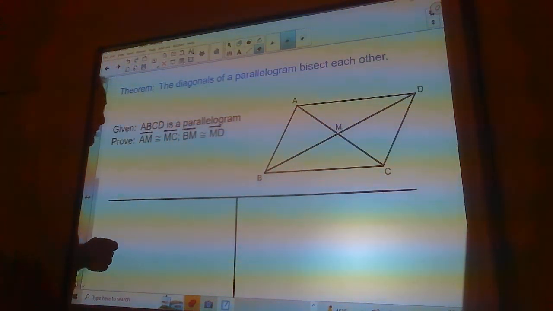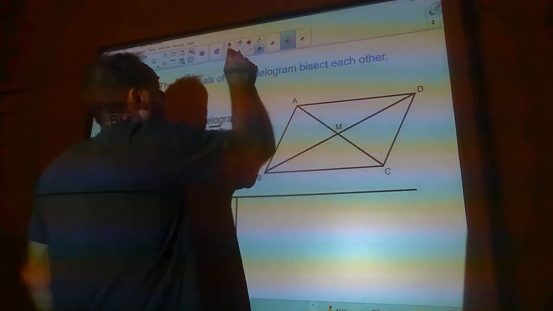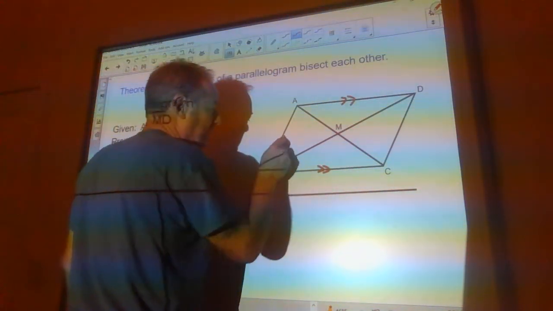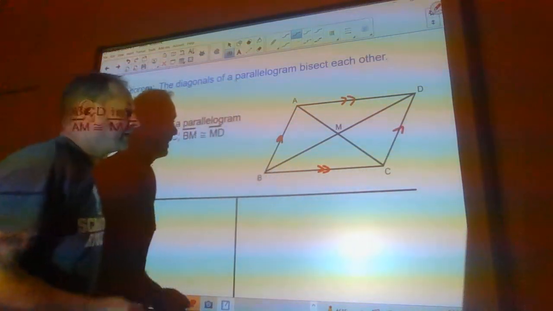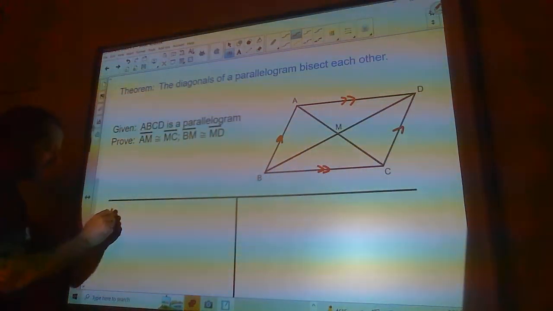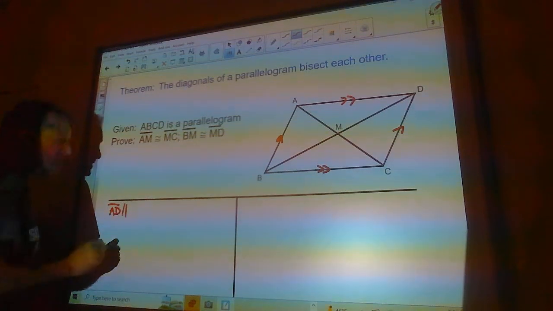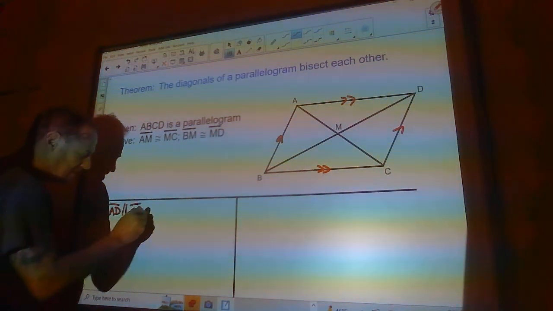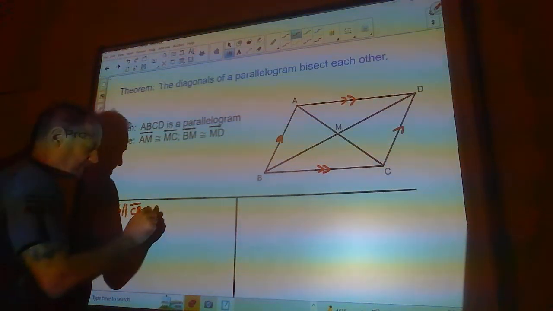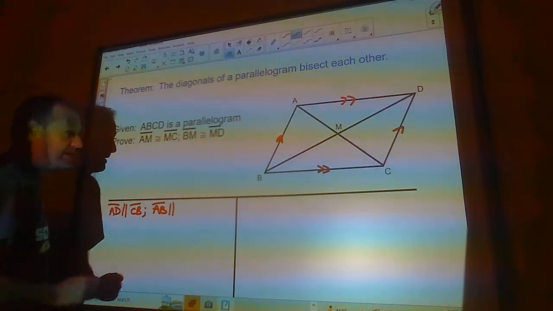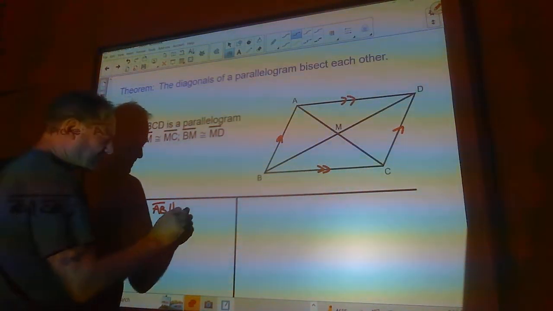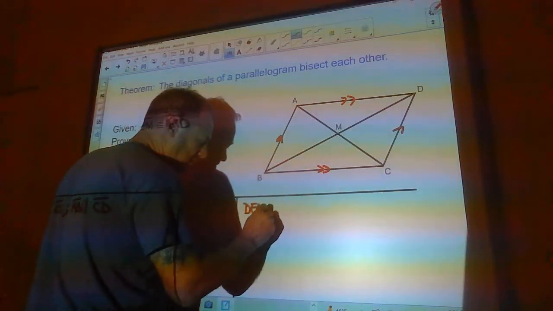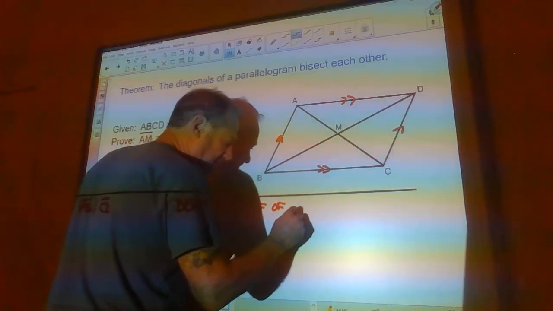Okay, so since this is a parallelogram, I know that those are parallel and those are parallel. So let's go ahead and put that down: AD is parallel to CB, and AB is parallel to CD by definition of a parallelogram.